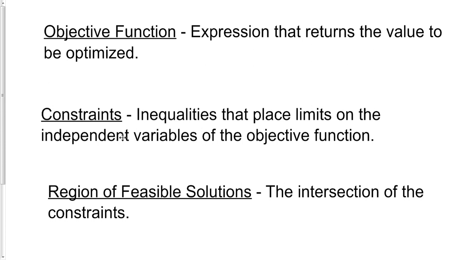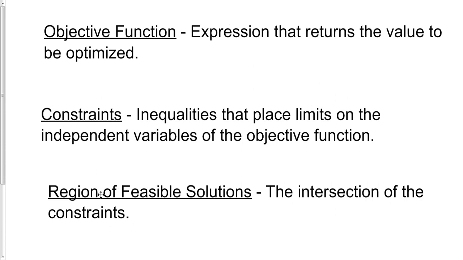Or, for instance, volume depends on the dimensions of the object, length, width, and height. So the constraints would put limits on those independent variables, the things that you input into the objective function to get whatever the output is.